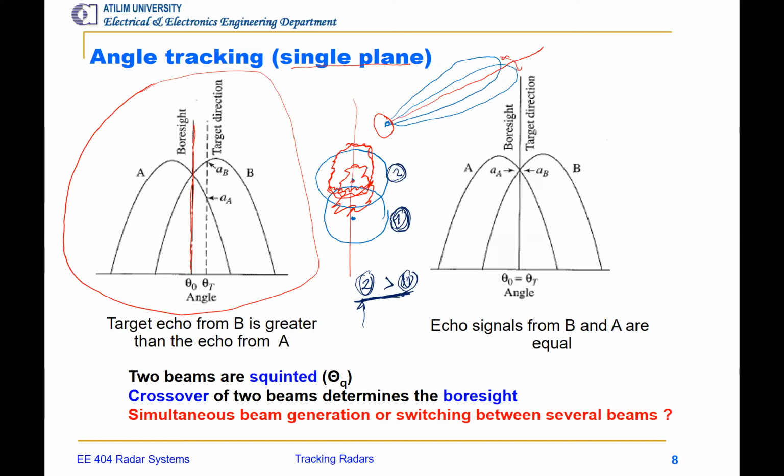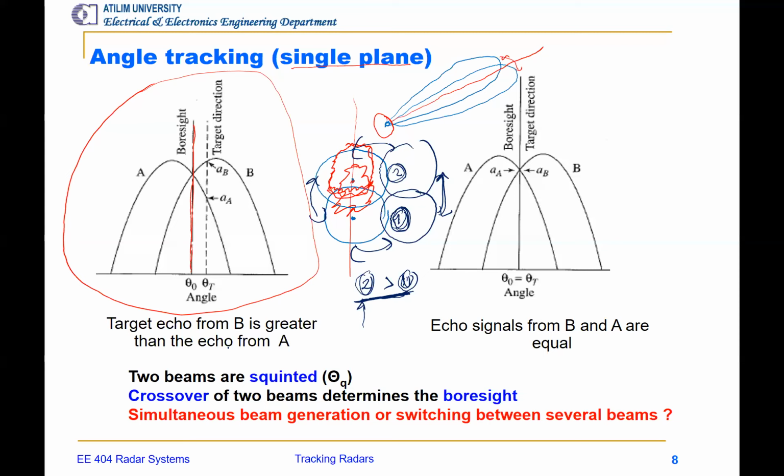When we extend this and add another pair of beams, just like this, then we can compare these two and these two to move the antenna to the right or left. And we can check the signal powers coming from these two and these two, and then again move it up. Okay, so we can simply track a target in 3 dimensions.